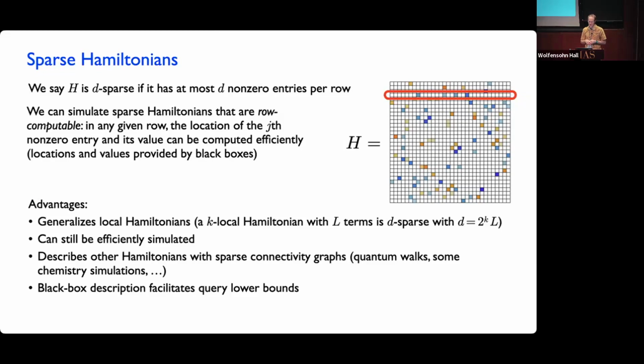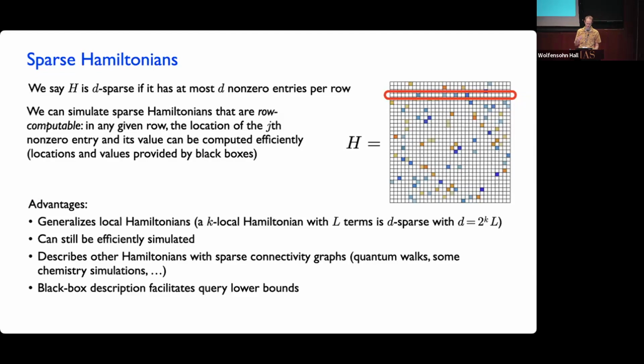But it's nevertheless a useful class to have available, especially if you want to design quantum algorithms for problems that don't necessarily have something to do with physics. But there are also cases where, for example, in some proposals for simulating quantum chemistry, it really is useful to think about simulations of sparse Hamiltonians.